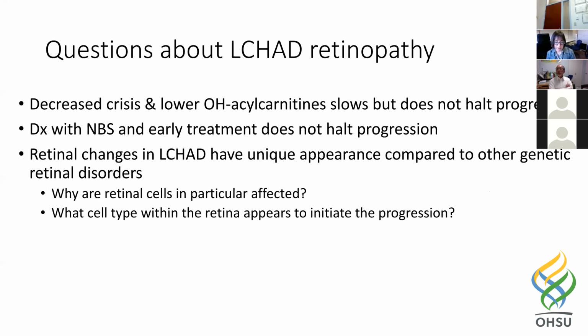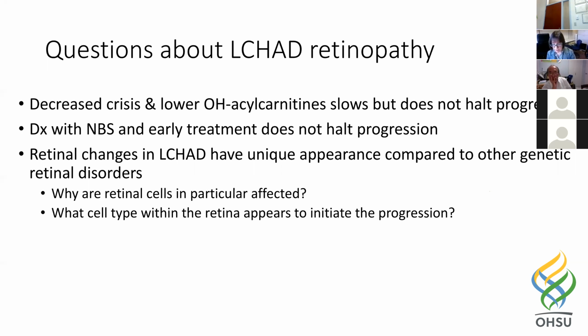It led to some thinking about what the retinal changes are. Are they different than other genetic retinal disorders? In conversations with our ophthalmology team, they say yes, the appearance of the retina in LCHAD is very different than in Leber's congenital amaurosis or in macular degeneration.